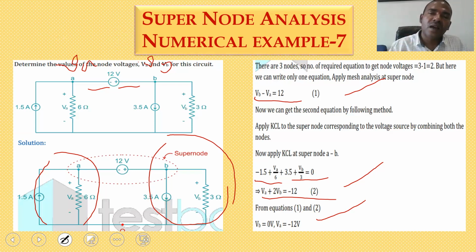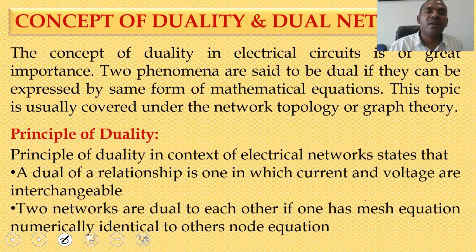All these are the overview of the topics, and the last topic is duality, for dual circuits or dual networks. So what is duality? Duality means circuits which have the same equations but a change in the notations.